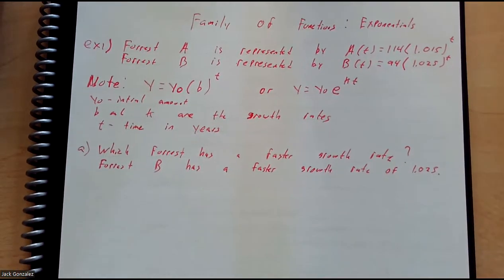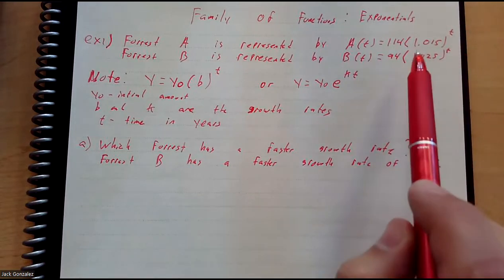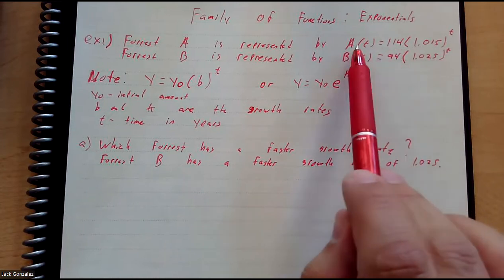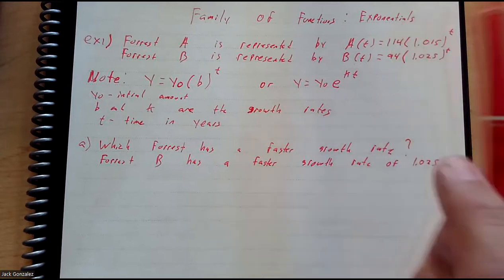I don't know if I need to be more clear, but I'm talking about the rate of trees growing, not the growth rate of a forest. t is in years, and the outputs of A or B are going to be the total number of trees.